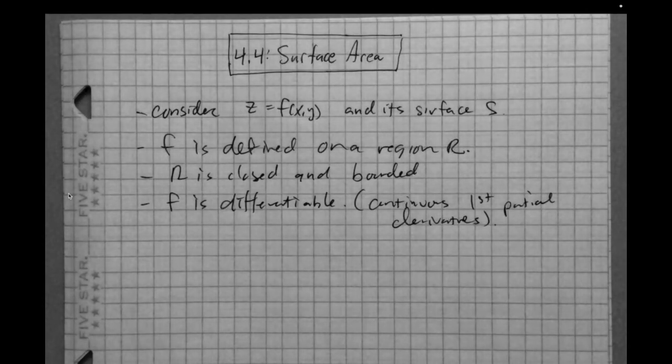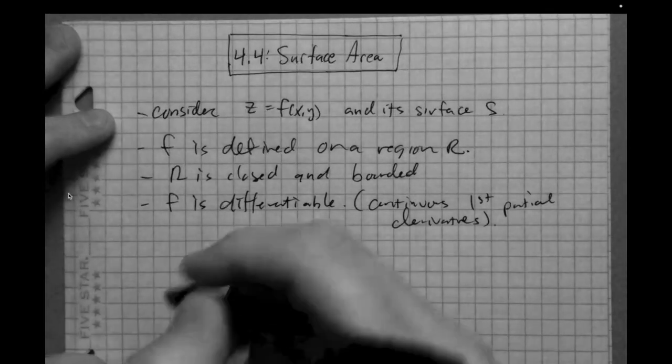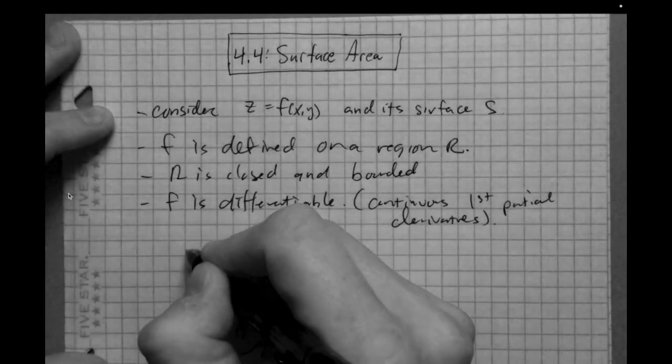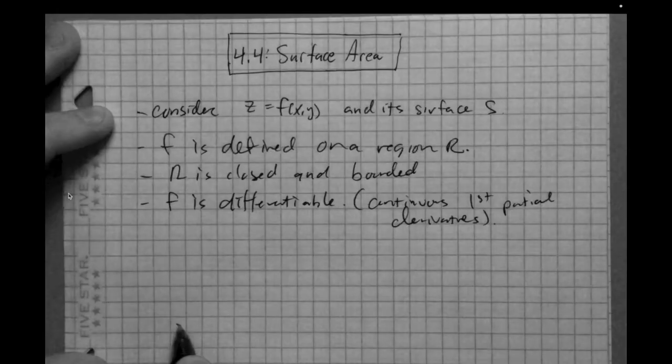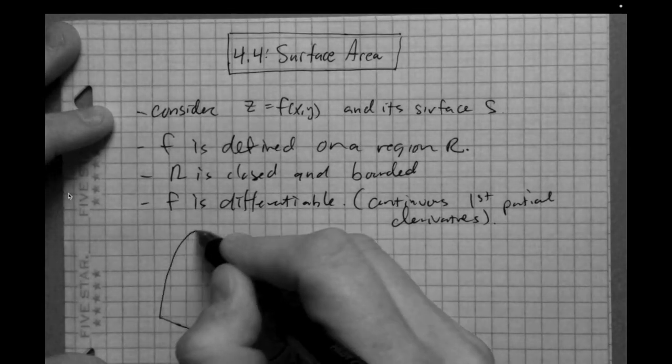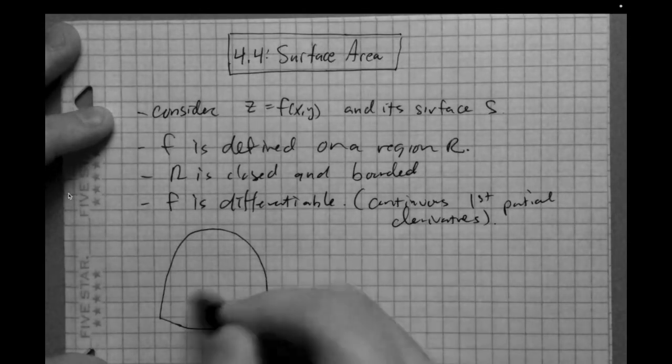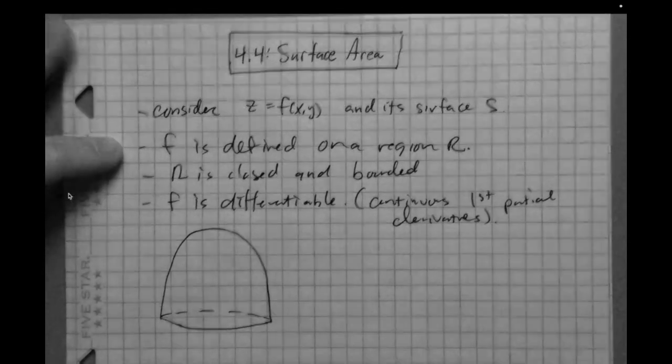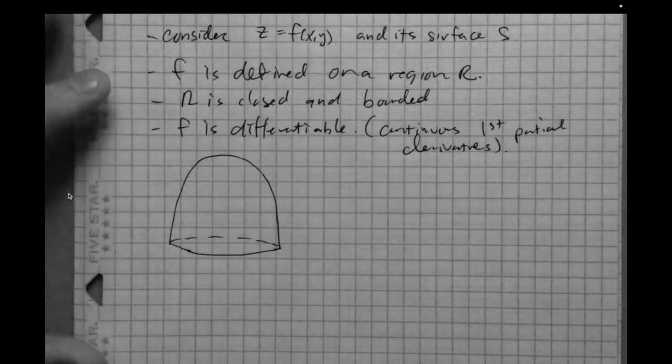Okay, so what we want to do is find the surface area above this particular region. Let's draw a picture, and I'm just going to do the best I can here, as per usual. We're going to have this function living in three-dimensional space.